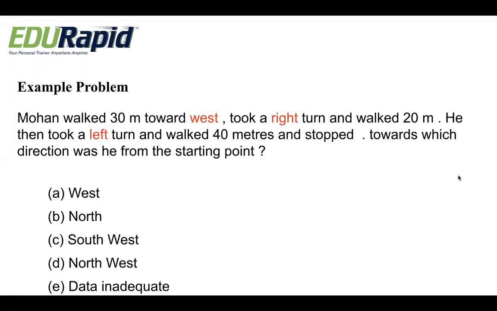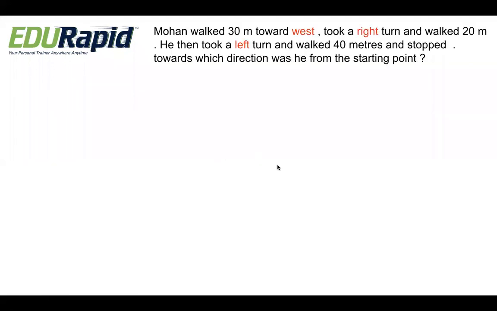He then took a left turn and walked 40 meters and stopped. They're asking towards which direction was he from the starting point. You need to understand the starting point and what direction he is now at the end. Now let's look at the solution.